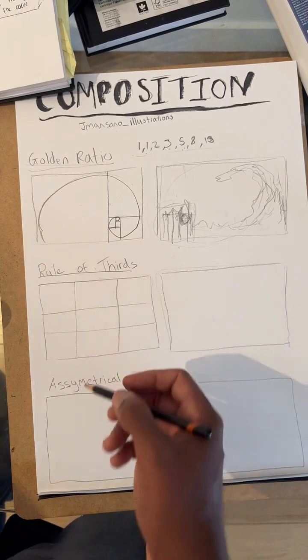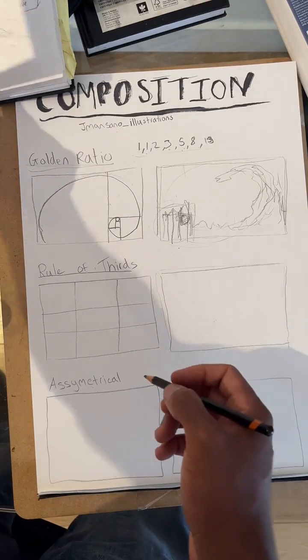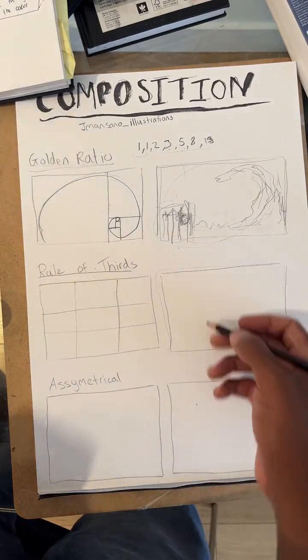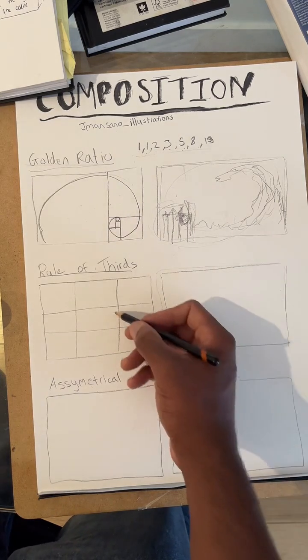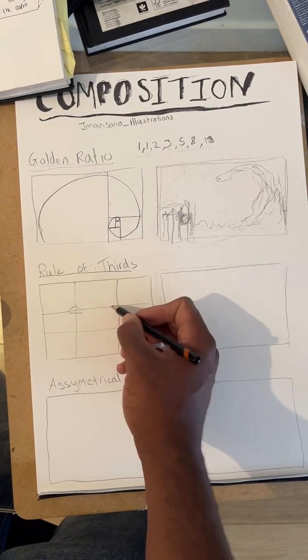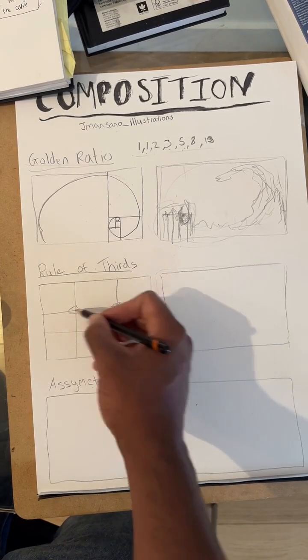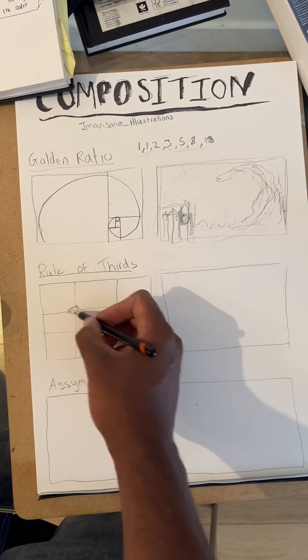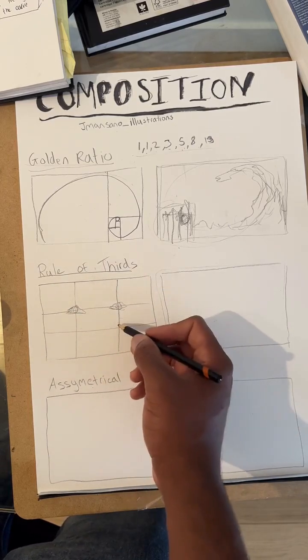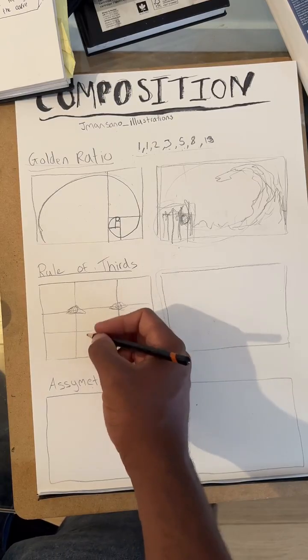For example, the eye line, maybe the eyes would be on one of the lines. It's just where you want to direct your viewer to in your image.